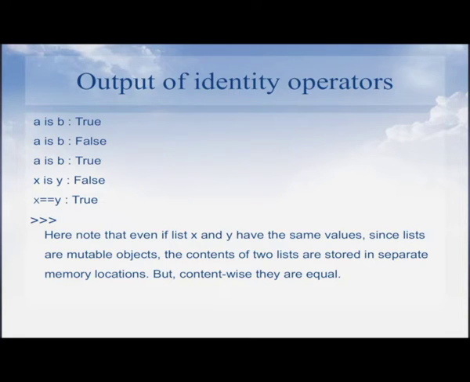When I use double equal to, which says the contents are equal, I am getting the answer as true. So, note that even if lists x and y have the same values, since lists are mutable objects, the contents of the two lists are stored in separate memory locations, but content wise they are equal. That is why we got true when we used the double equal to operator. Please do remember that every object in Python has its own memory space.